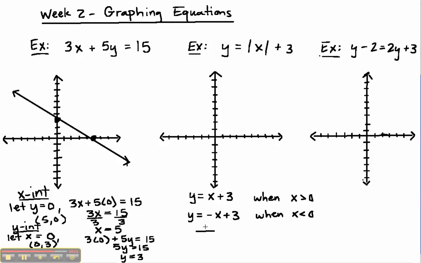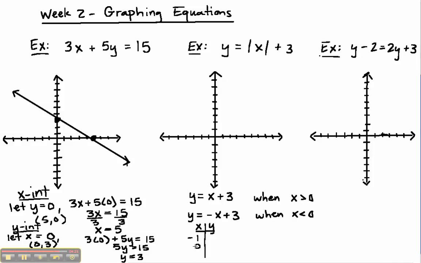So the best thing to do is set up our table of values and plug in numbers for x and find what y is going to be. We have 2 parts of this graph. It's going to look like one graph when x is greater than 0 and something different when x is less than 0. So we need to make sure to pick a point that's less than 0.